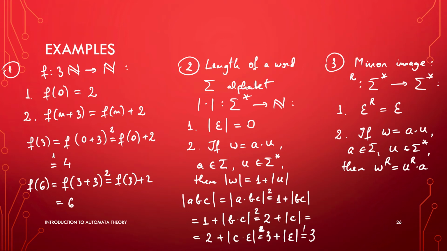You want to read right to left, so this is the same as reading first right to left U, so that's what I indicate here, the mirror image or the reverse image of U, and then at the end you put letter A.